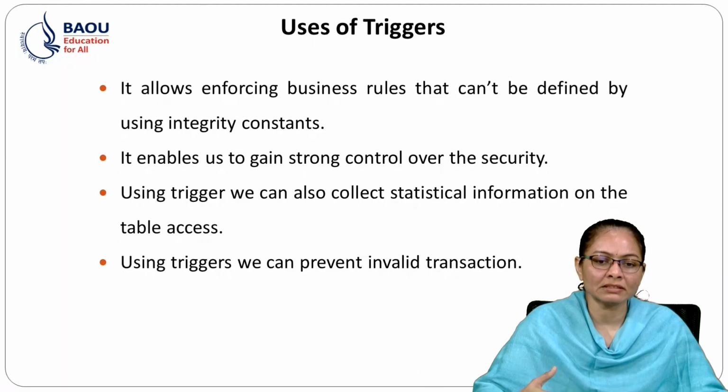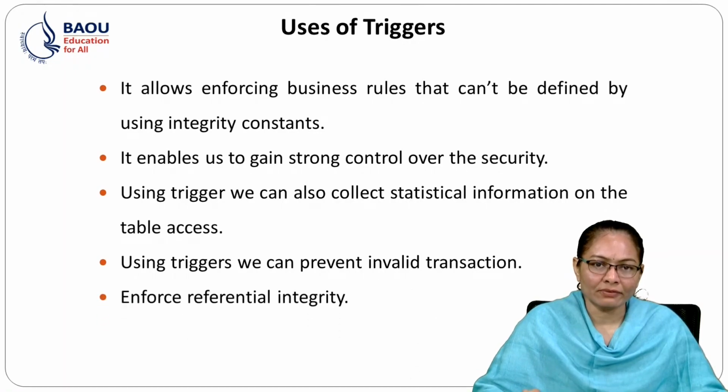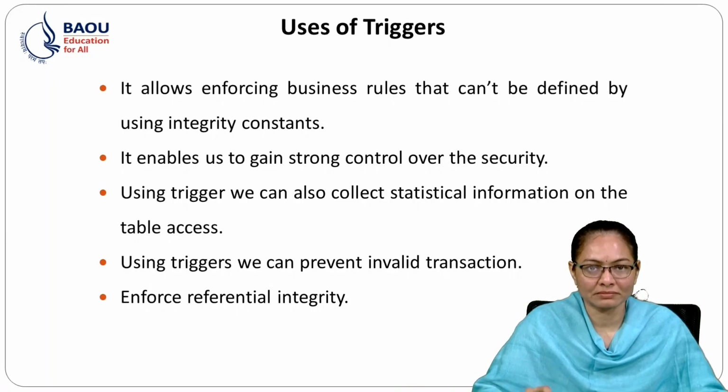So the trigger prevents the invalid transaction. It will check whether it is valid or not. If it is invalid, then it will prevent it. If it is a valid transaction, then it will be done. The last one is to enforce referential integrity. When you delete a record from one table, the trigger deletes the corresponding rows from another table.